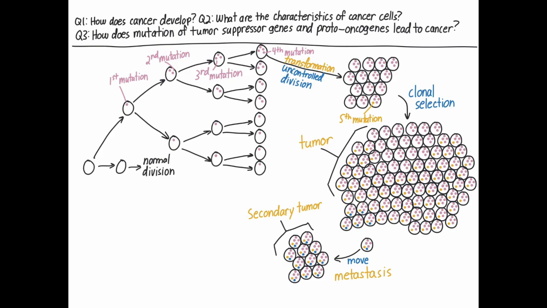The more time passes, the more mutations can occur. This is one reason cancer is more common in older people. They've had longer for more mutations to accumulate. More cell divisions means more chances for mistakes in DNA replication.